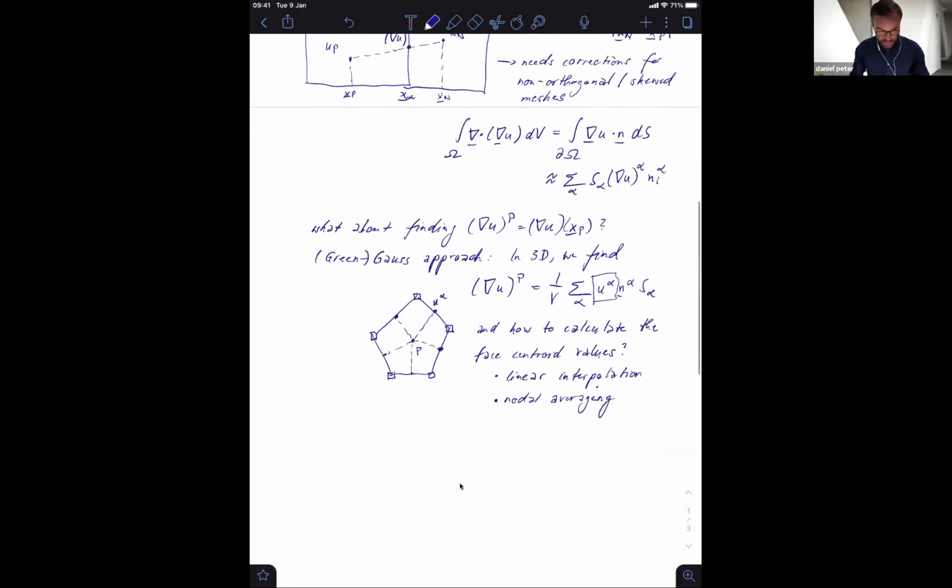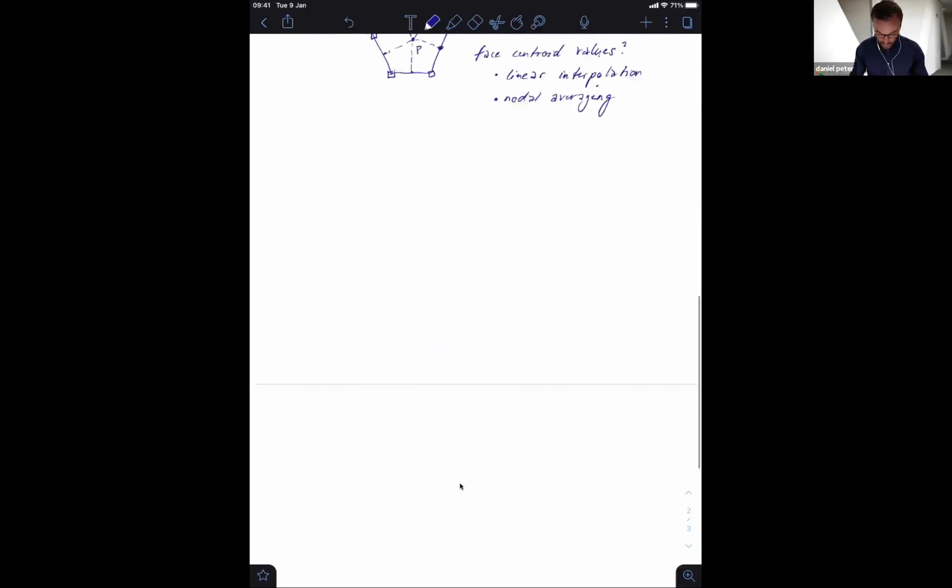So let's look at how to discretize now our equation, how to discretize the Poisson equation with this finite volume scheme.